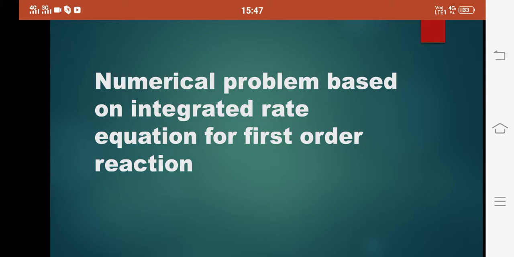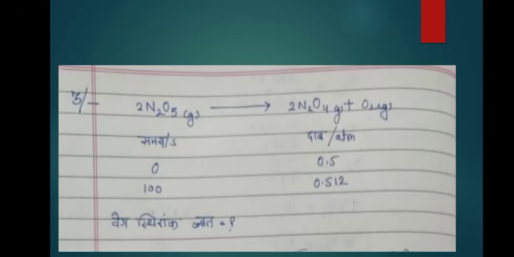Today we are discussing a numerical problem based on the integrated rate equation for a first order reaction. In this reaction, N2O5 decomposes into N2O4 and O2. This is the thermal decomposition of N2O5. The reaction follows first order kinetics, and at the initial stage, at time t equal to 0, the total pressure of the reaction mixture is 0.58 atm.